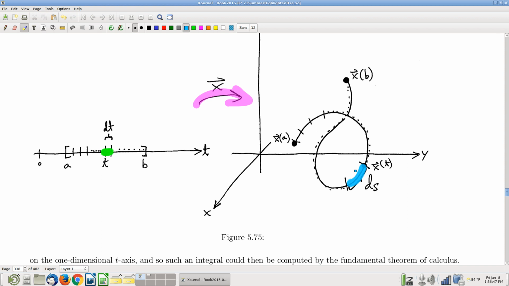There's a width here of dt. But depending on the nature of the parameterization, maybe it's a parameterization that moves really fast, maybe it moves really slow, whatever. Right? There's lots of different ways to parameterize a curve. Depending on the parameterization, it's not clear how long this corresponding piece of curve is going to be. What is this ds? That's what we want to know. More to the point, we want to know what's the factor that you multiply by dt to get this ds. But we're going to come at it by trying to compute ds.